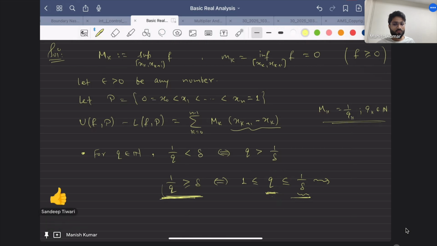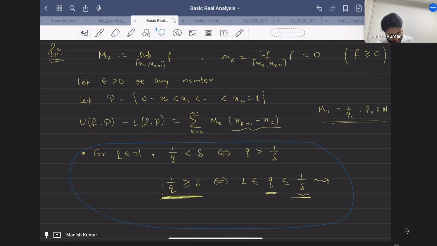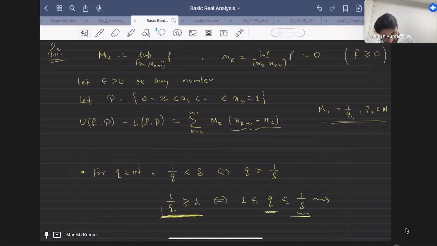Let me write it precisely. Choose delta greater than 0. We'll decide later what delta is, but as of now let's say choose delta greater than 0.